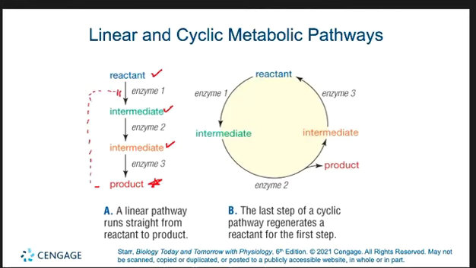Very important. Okay. A linear pathway goes straight from a reactant to a product, while a cyclic pathway ends up with the last product being the reactant of the first reaction. Okay. So around and around and around we go. And then the last reactant is the substrate for the first enzyme. Okay. So it's the reactant for enzyme 1.